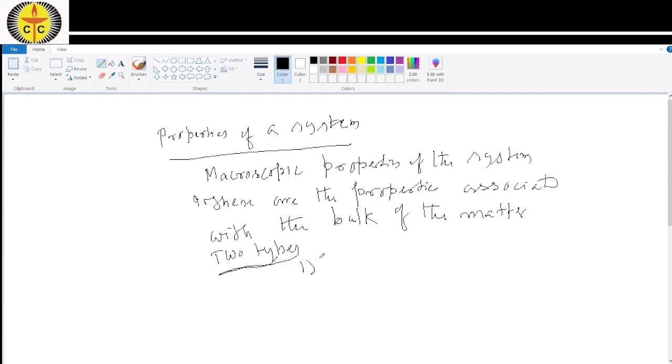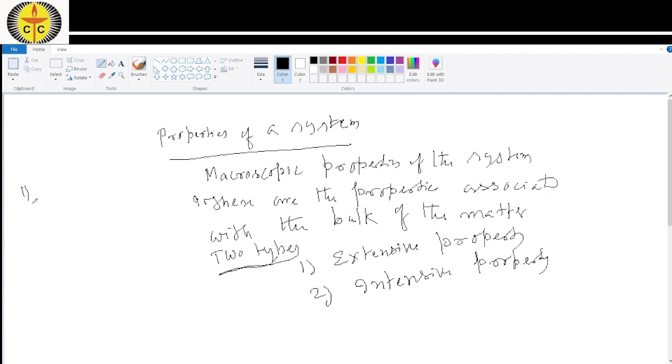Number one, extensive property. Number two, intensive property. One by one we'll know. So first, the extensive property.